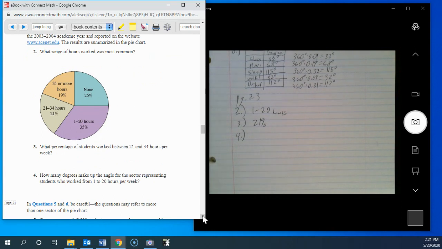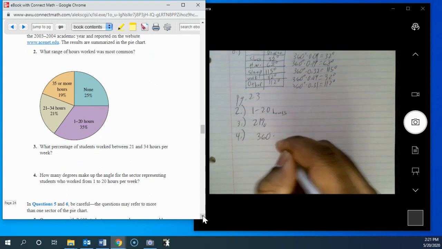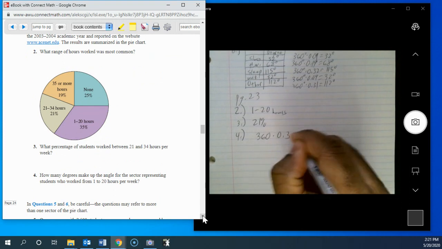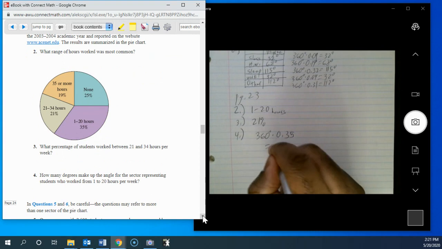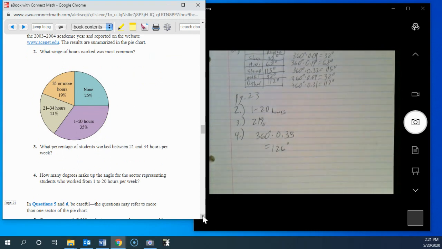So how will we get that? 360 times 0.35. That is correct. 360 times 0.35. And that would give us 126 degrees.